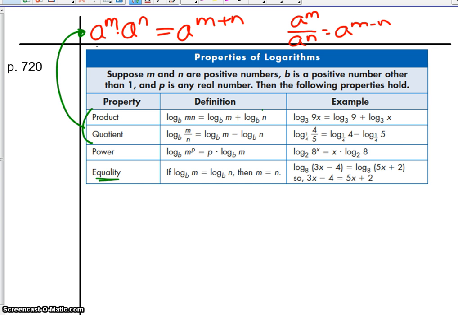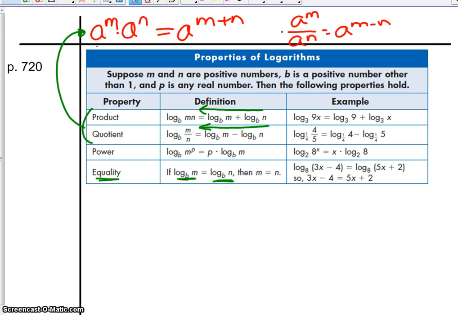Now if I add my logarithms, we're going to multiply the expressions. You're going to go from right to left with these two properties more often than not, because a lot of times we're going to try and condense them so I can get a logarithm equal to a logarithm. Same thing, when we divided, we subtracted, so now when we subtract logarithms, we're going to divide expressions, because again, we're doing the inverse.